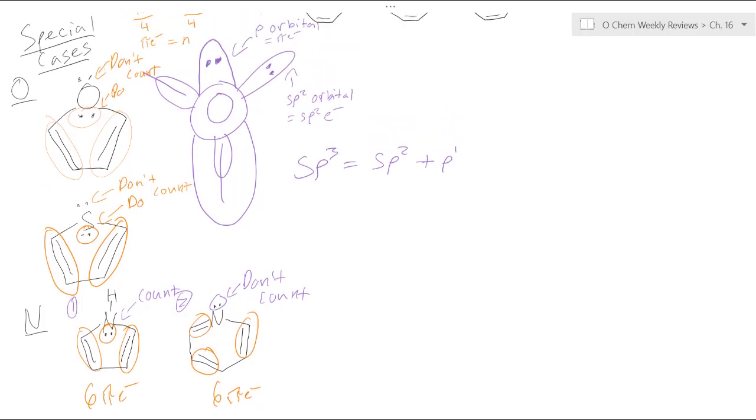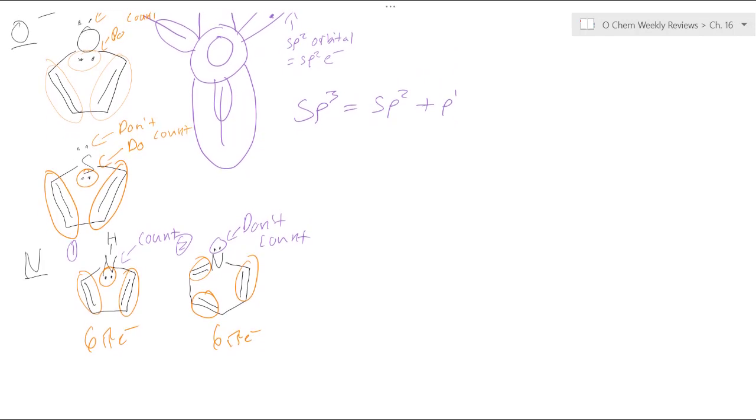Now, the lone pair in the second molecule does not have a choice of existing in two different places. Okay, nitrogen is stuck in an sp2 fashion. It has a double bond here, a lone pair here, and a single bond there.